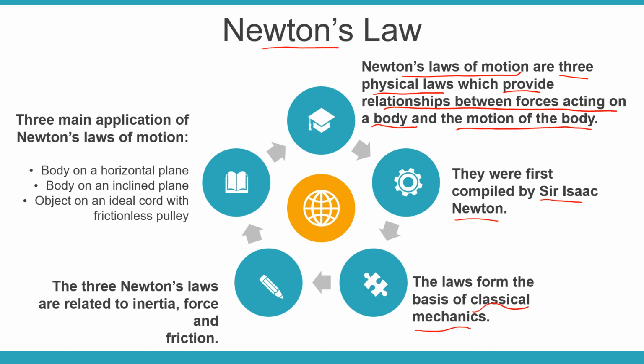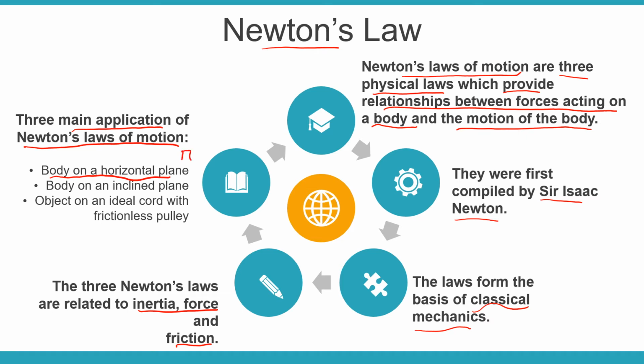Okay, so dia ada basic classical mechanics, dekat situlah adanya involvement of dynamic tadi. Bila ada dynamic ni maksudnya adalah force acting on a system. So that's why Newton's law melibatkan force. So the three Newton's law are related to inertia, force and friction. Okay, so this inertia, force and friction also is a part of mechanics. Okay, so the main application of the Newton's law of motion yang pertama adalah body on a horizontal plane.